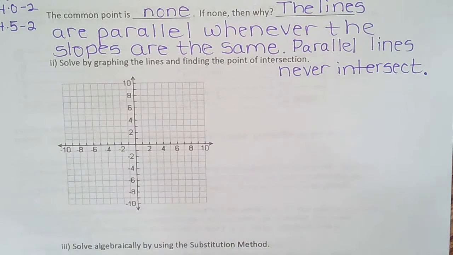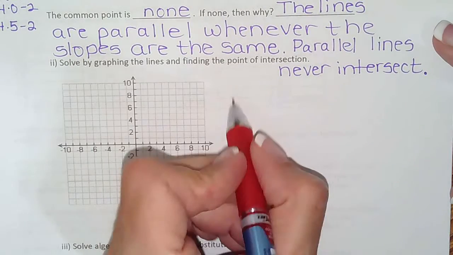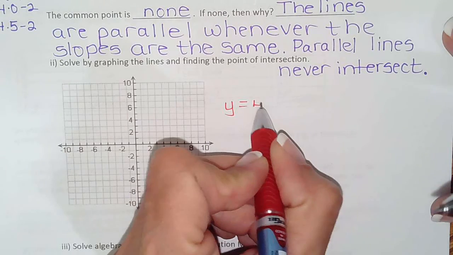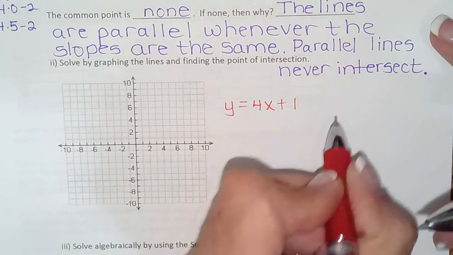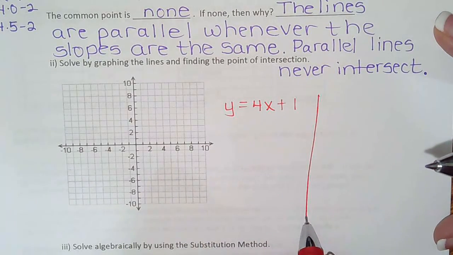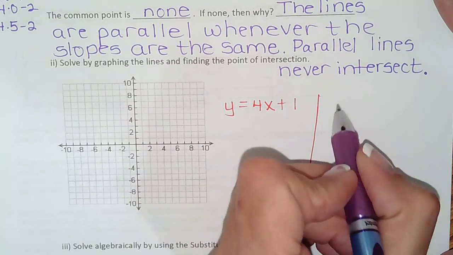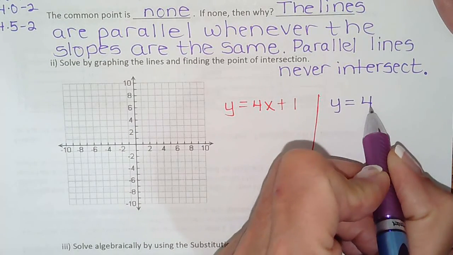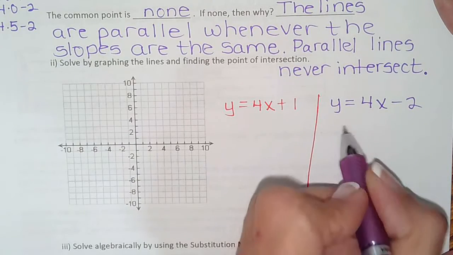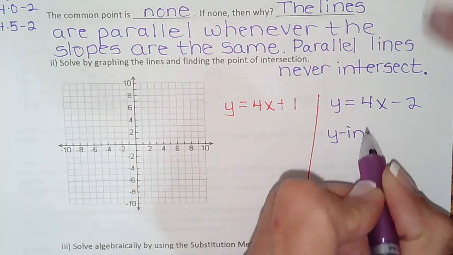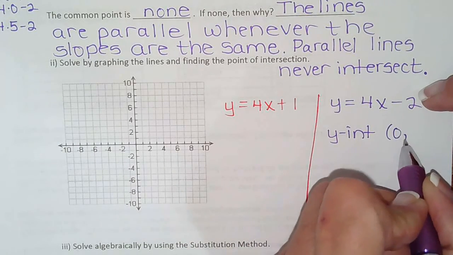So we had first the red line, y equals 4x plus 1. And then we had the purple line, y equals 4x minus 2. So the y-intercept on the purple line was 0, negative 2.